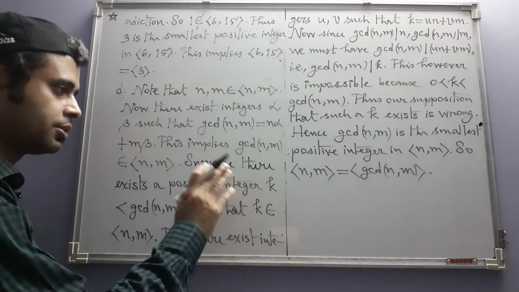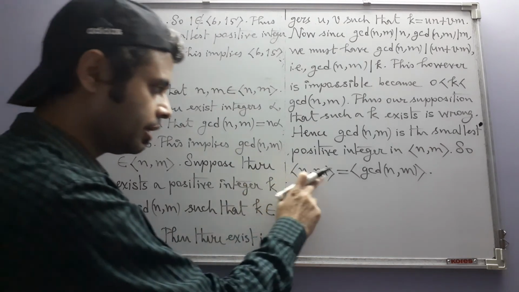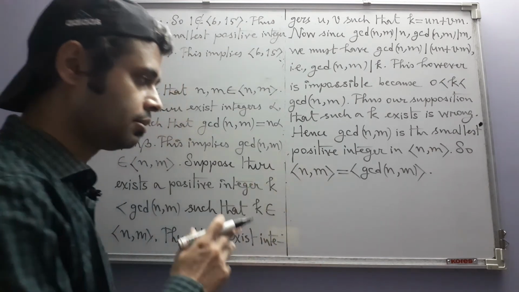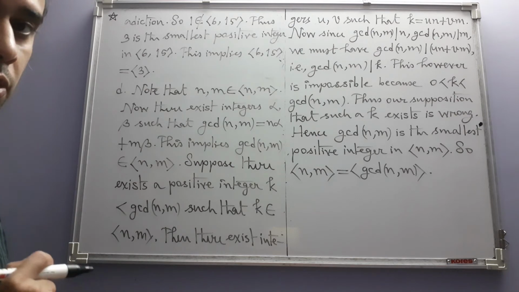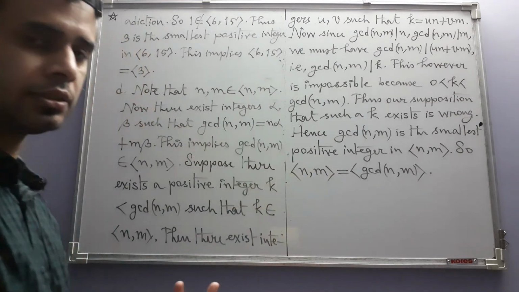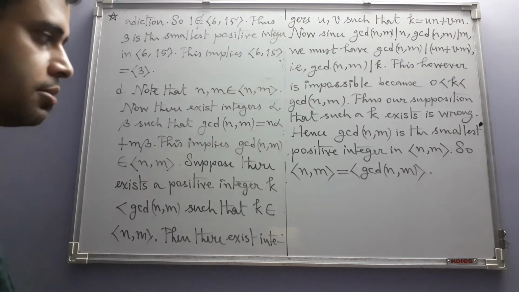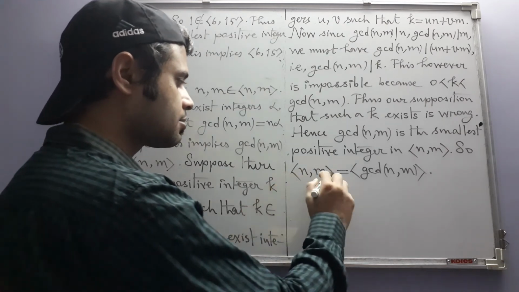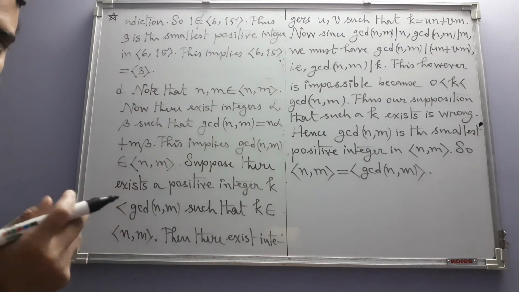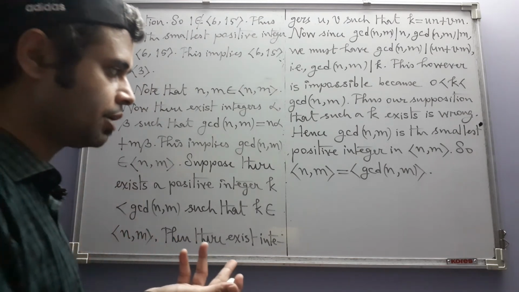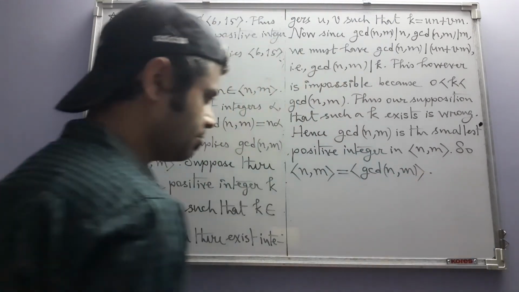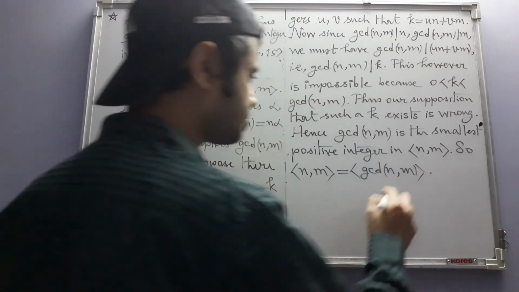And note that for this to be meaningful, at least one of n or m has to be non-zero, or both must be non-zero. If both of them are zero, then the GCD itself does not exist, in which case the subgroup generated is also the trivial group consisting of only the additive identity 0, because we are in a group.